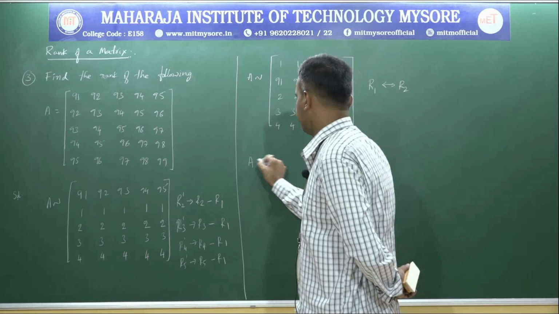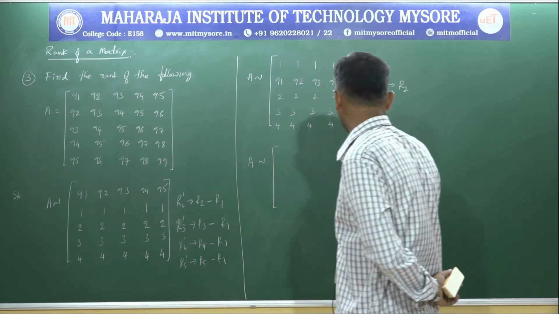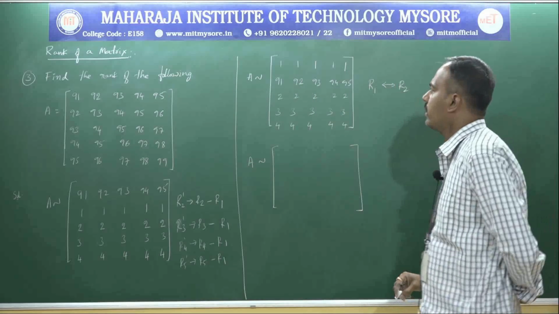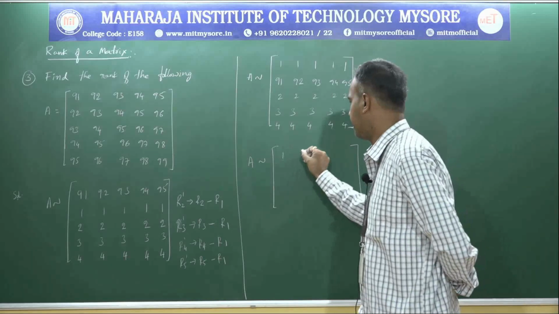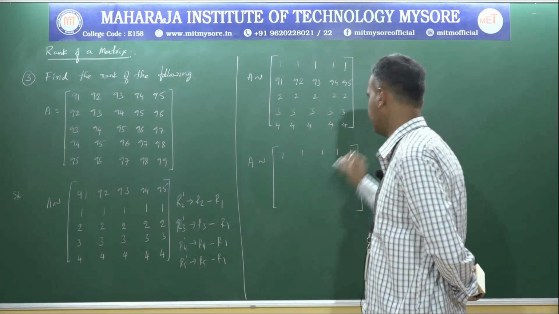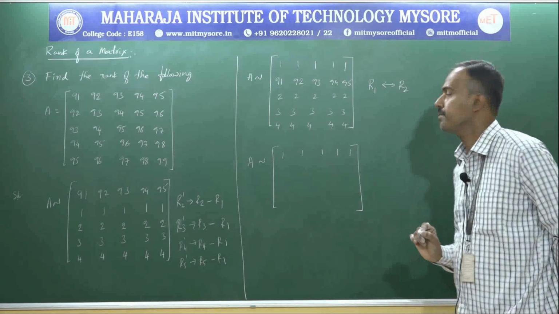Next transformation. Keeping the first row elements the same, now we can specify.